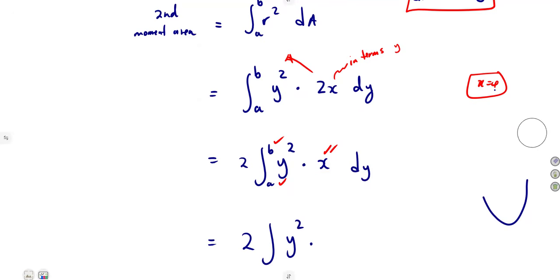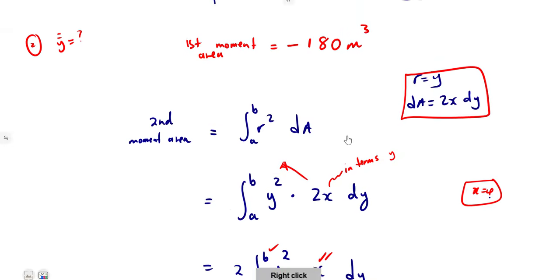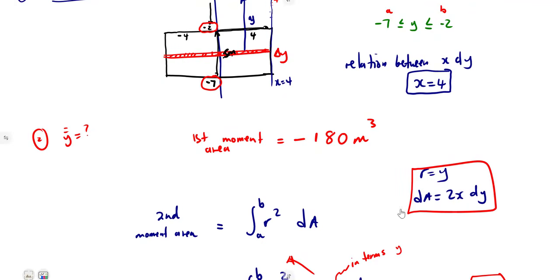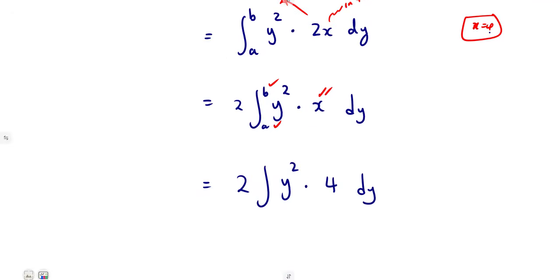But in our case it is a constant, so you substitute that constant, which is 4, just like that. Remember our limits A to B, -7 to -2. The limits of the retaining tank that is having the water is taken from -7 to -2.